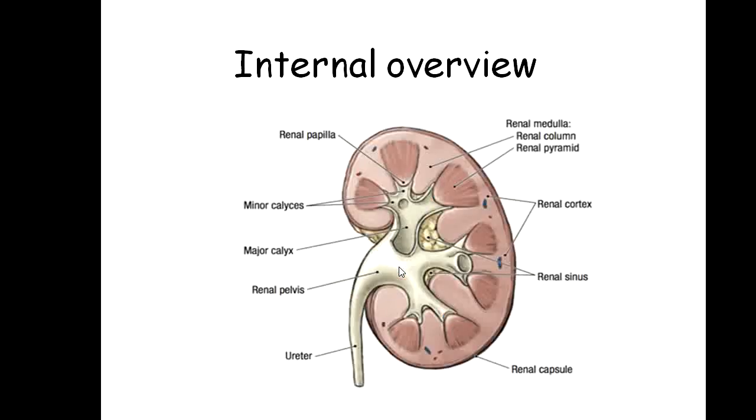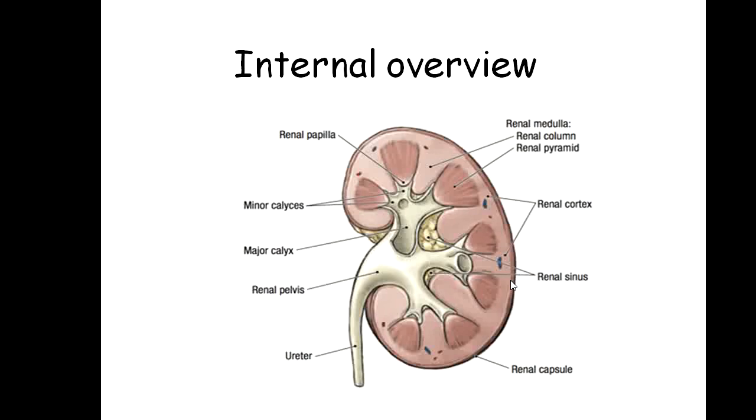Now coming toward the proper kidney, in this diagram you can see this is the bean shaped kidney, and this is the first layer, the renal capsule. After the renal capsule, this represents the renal cortex.